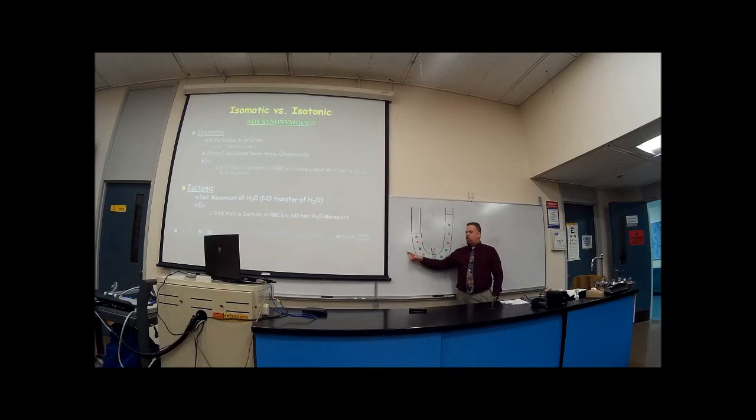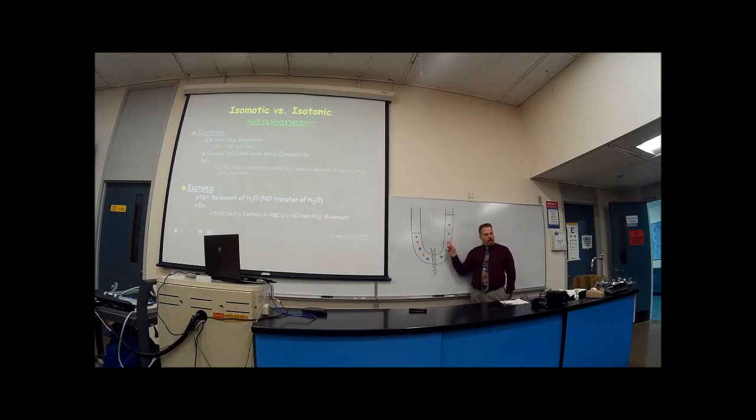Isn't this side more concentrated than this side over here? Isn't there more water over here than over here? So it's not isotonic. It's hypertonic here, and it's hypotonic here.